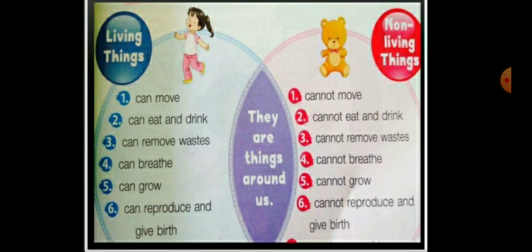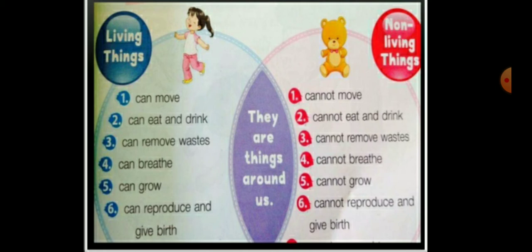On the other hand, non-living things cannot move. Non-living things cannot eat and drink. Non-living things cannot remove waste. Non-living things cannot breathe. Non-living things cannot grow and also cannot reproduce and give birth.